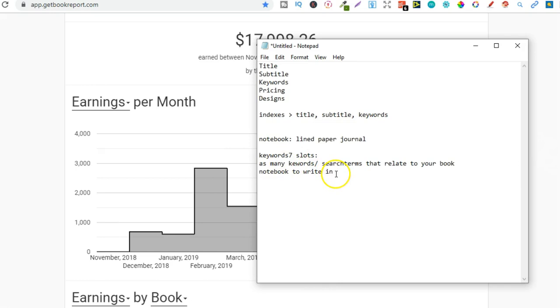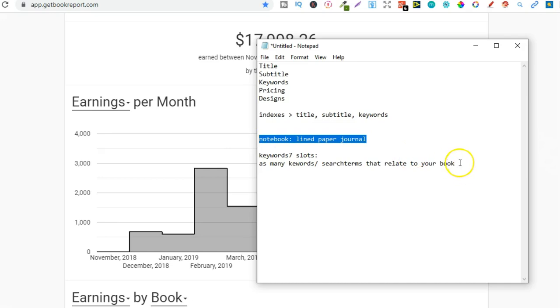So you want to max out the 7 slots. You want to put in as many keywords as you possibly can that actually describe your book, or which suits your book the best. Then with the title, you want to use the search terms that people are actually searching in that niche to find those books.